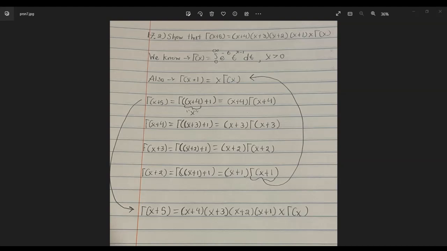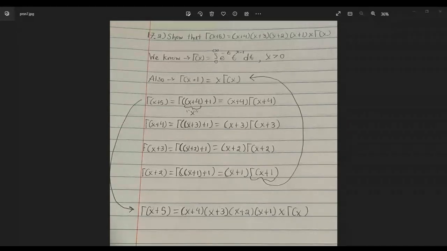So knowing that, we can rearrange the original expression, gamma of x plus 5, into forms of x plus 1. In the first line, I made gamma of x plus 5 equal to gamma of x plus 4 plus 1, and I made the x plus 4 my x, quote unquote.